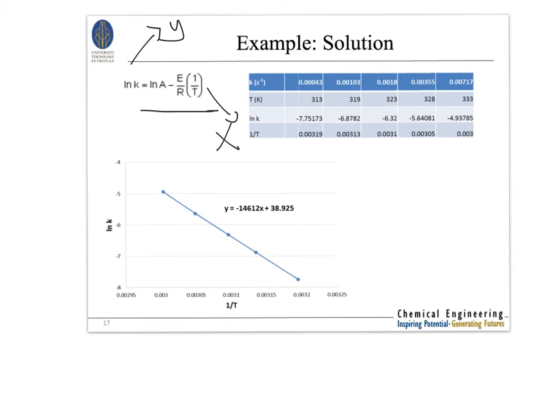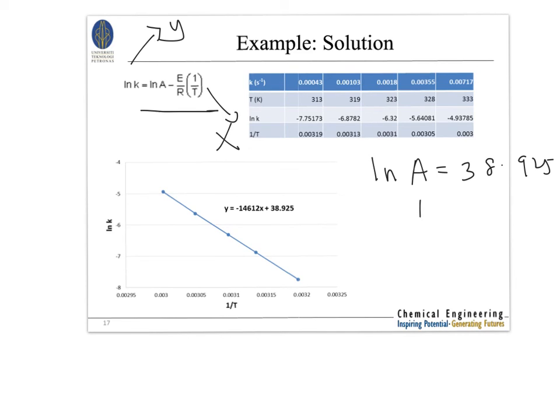Okay, you plot a graph and you will have a straight line. From the equation, ln A equals the C, which is 38.925.